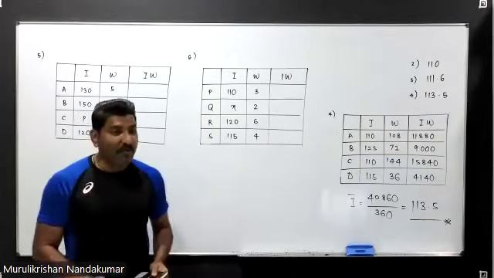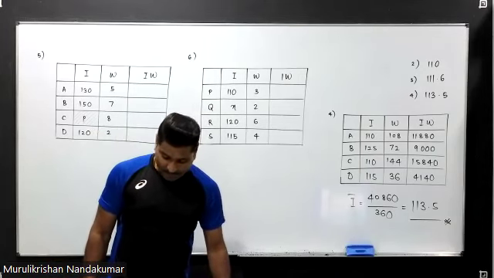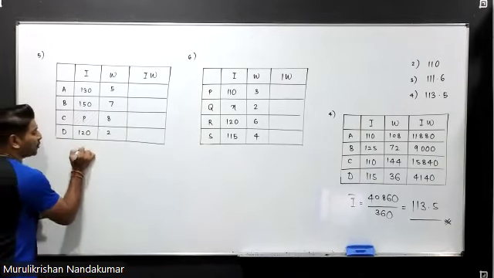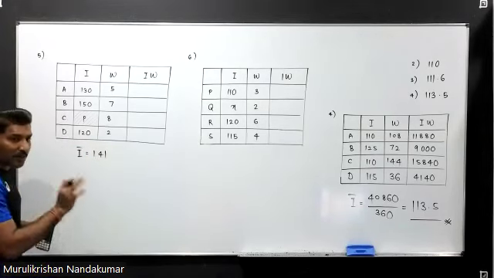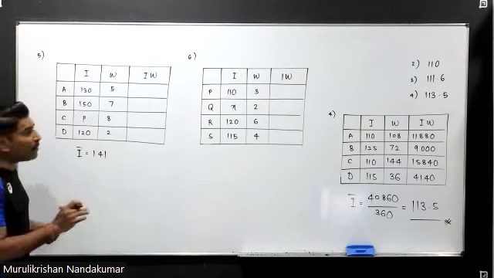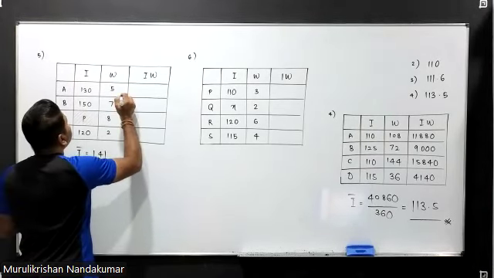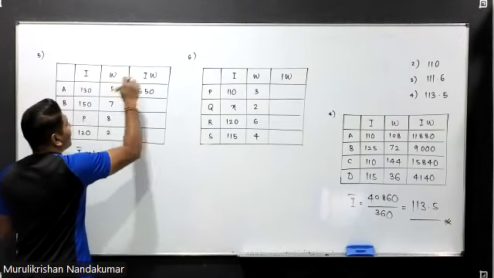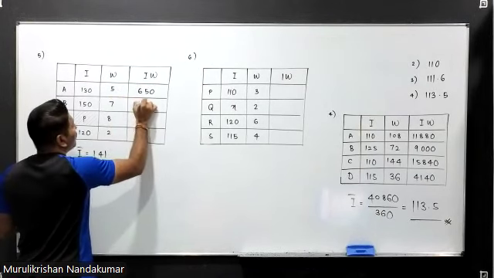For question number 5, if you read the question, the composite index is already given. Composite index is 1 for 1. It's given as 1 for 1. We are not finding the composite index, we want to find this P. Okay, as usual, we do the same thing. Take the index and the weightage, and multiply, you get this. 300, 10, 50, right.